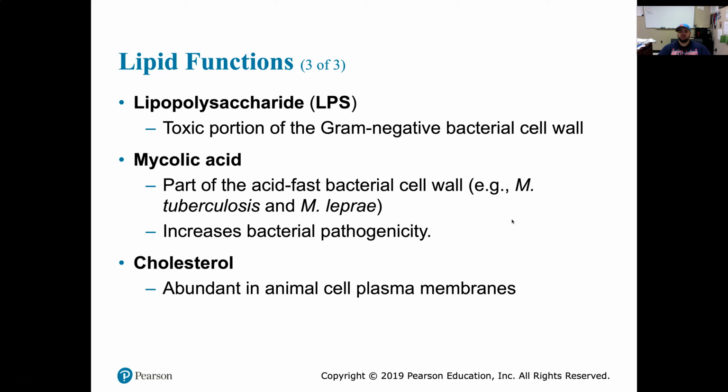It's one of the pathogenic traits that it has. And when we talk about tuberculosis later in the semester, we will talk specifically about the mycolic acid as part of the cell wall. And then cholesterol. Cholesterol is also found in cell membranes, especially animal cells.